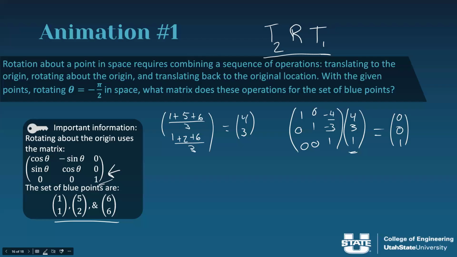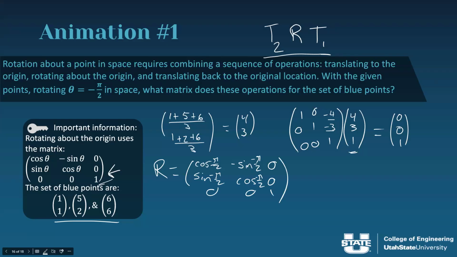So my rotation matrix is going to look like the cosine of -π-halves, and then the negative sine of -π-halves, and then 0, and then sine of -π-halves, and then cosine of -π-halves, and then 0, 0, 0, 1. Sweet.